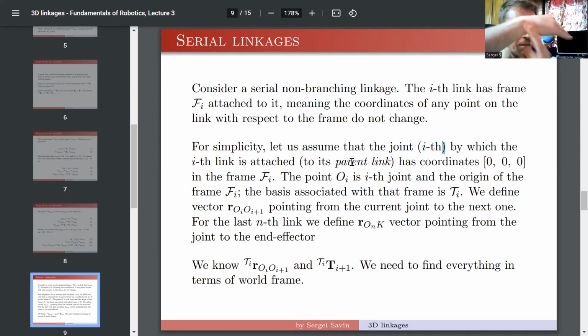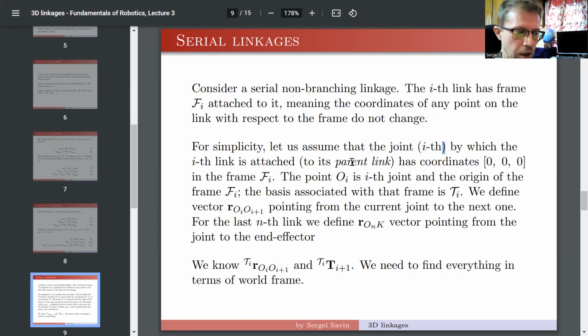If it is joint number i, this is link number i, and this is link number i minus 1. That is if it is a serial chain without branches. There can be branches, they don't change anything significantly. I'm just giving you a simple example. So let's assume that the coordinates of this point in terms of the frame of the child link are 0, 0, 0.